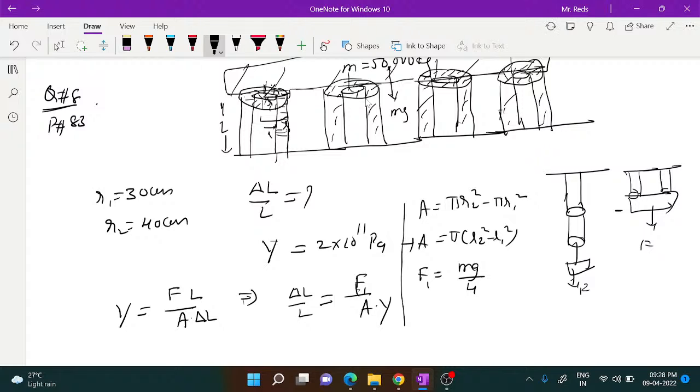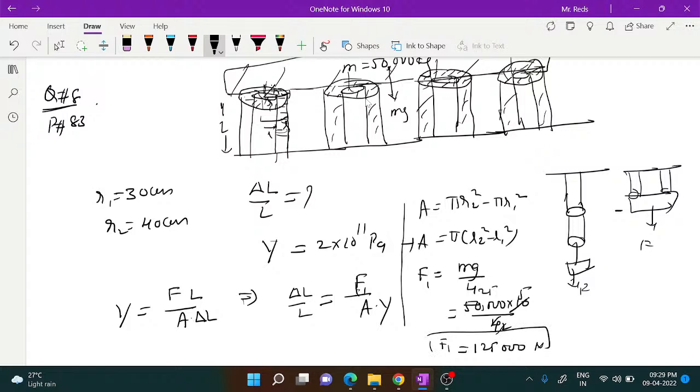So m is this, g you can take as 10, as nothing is mentioned here, divided by 4. So it is 50,000 into 10 by 4. Two twos, two fives, two 25s. So 25 into 5 is 125. So 125,000 Newton is F1, the force on each one.